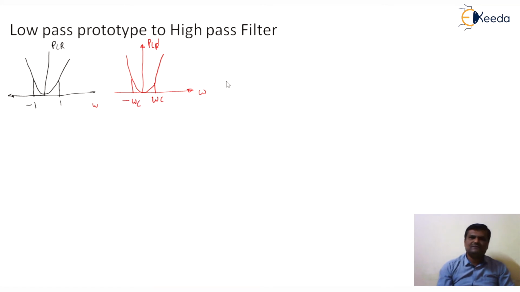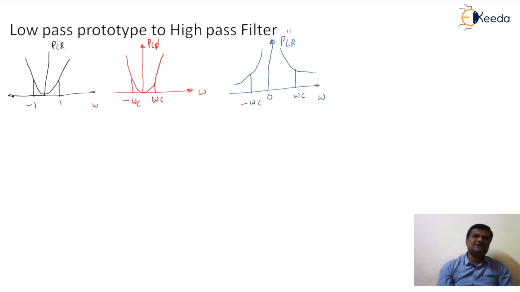Now we draw the response of the high pass filter, PLR double dash versus omega. This is the high pass filter response, with omega c and minus omega c.